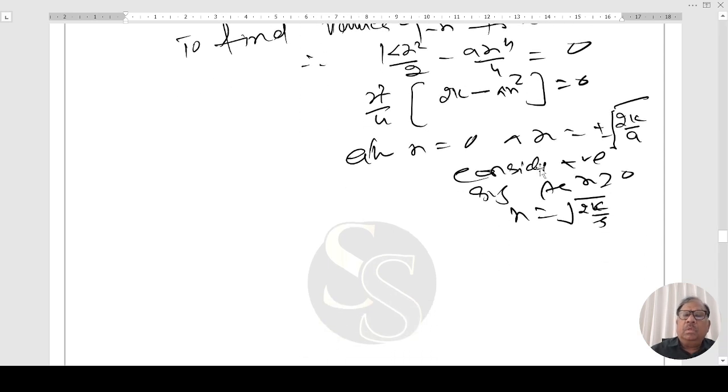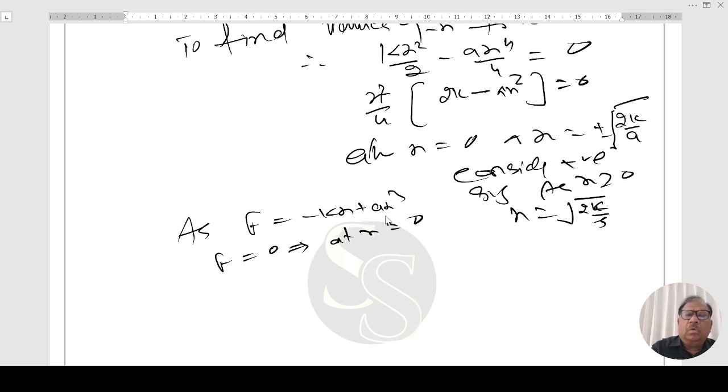Now, as F equal to minus kx plus ax cube, F is equal to 0 at x equal to 0. Therefore, slope, that is F equal to minus dU by dx, equal to 0 at x equal to 0.